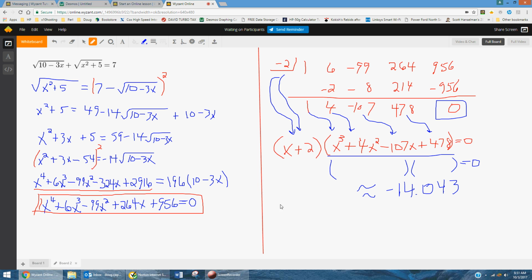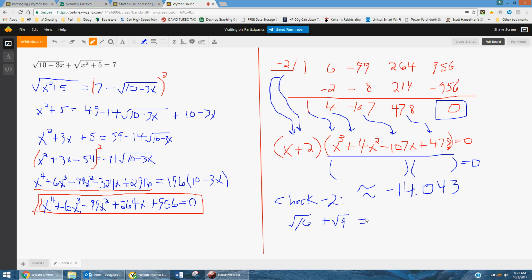But the fact is, you do have to check -2, I should say, in the original equation, and you do get 10 plus 6 is 16, so you get the square root of 16. Put -2 in here, 4 plus 5 is 9.